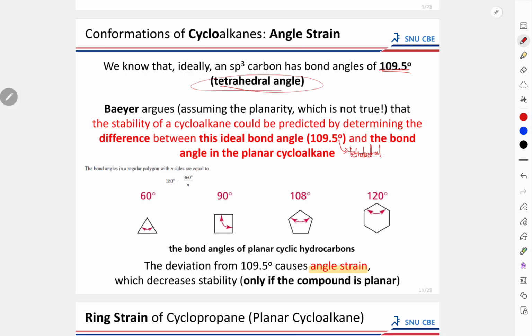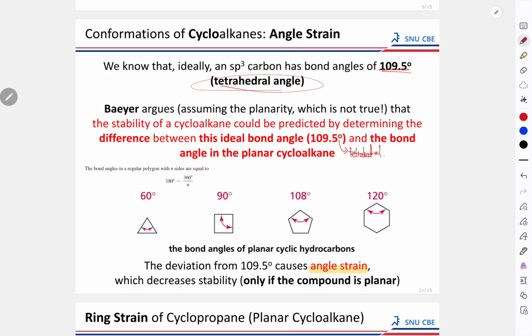The delta is merely 1.5. So the deviation from 109.5 causes angle strain, according to his argument. That is the definition of the angle strain, by the way. And the deviation decreases the stability. In other words, it increases the energy of the molecule.